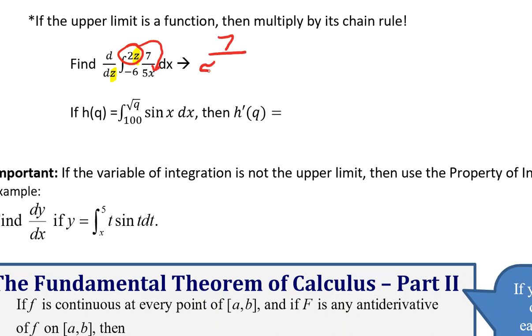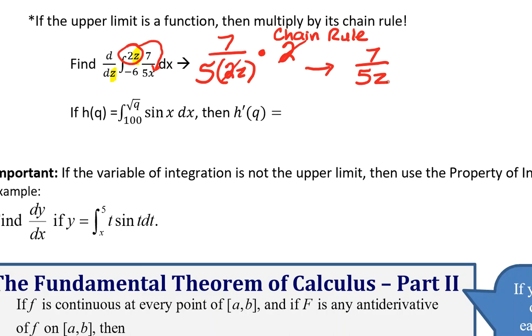So we're going to get right back to the integrand, replacing the variable with our upper limit, and then we have to remember to do a chain rule on that 2z. That is the easiest thing to forget in calculus, chain rules everywhere. Then we would cancel this 2 with this 2, and we'll get back to 7 over 5z.